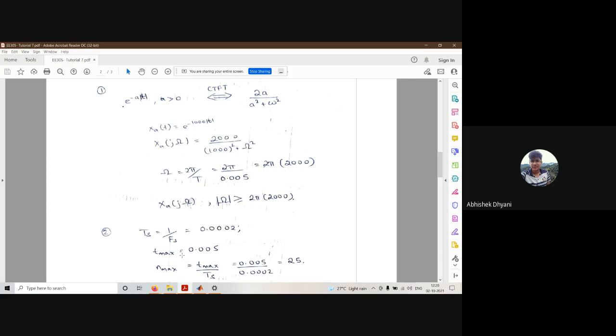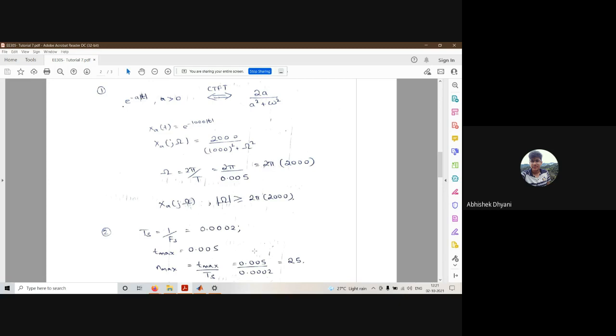Corresponding to this maximum time, we can also find out n max, because for the discrete time signal, time is not a continuous quantity now, we have sequences n.